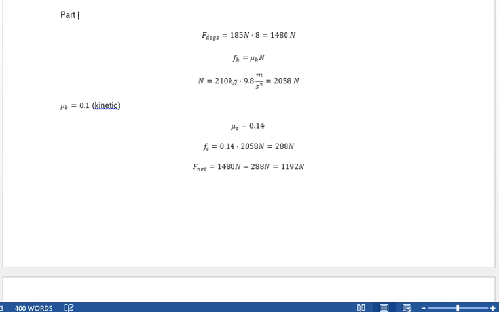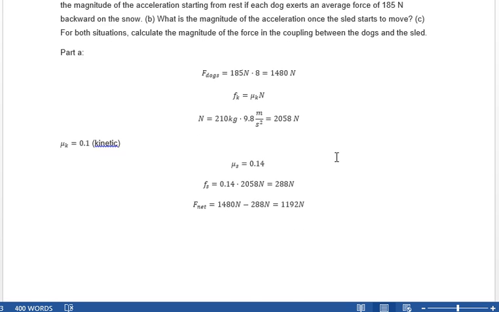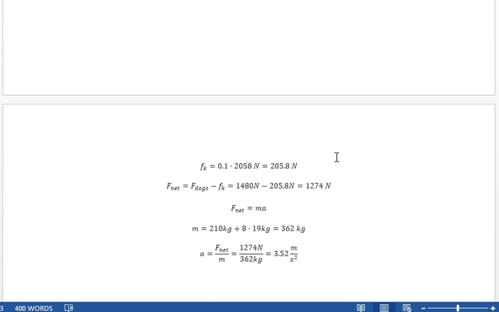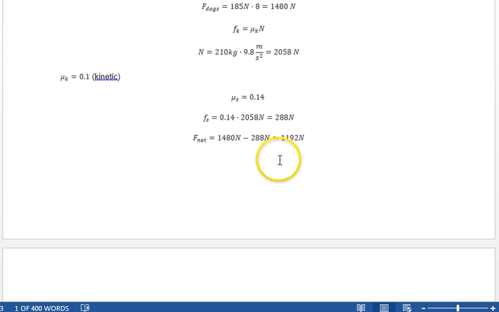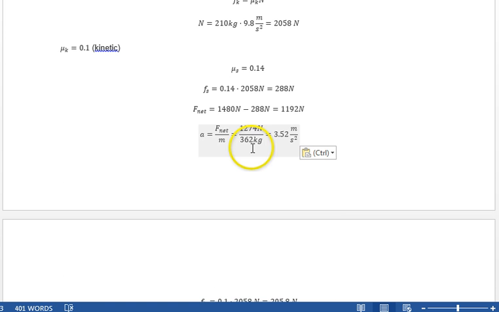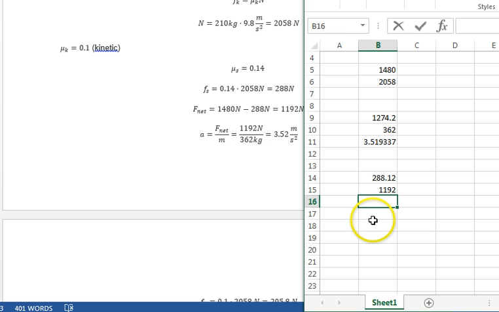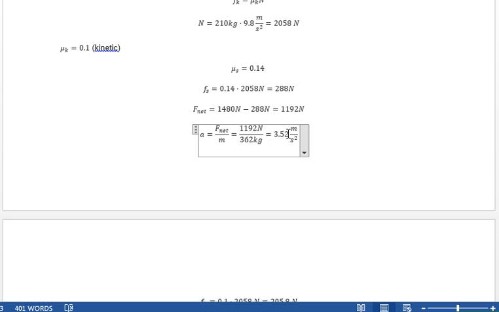Relabel this part A up here. So 1192 newtons, and then we're back to F net is ma. The acceleration is 1192 over 362 kilograms, which is 3.29 meters per second squared.